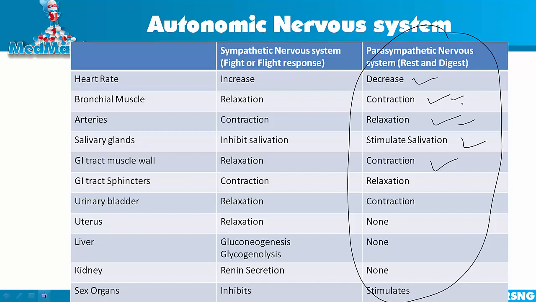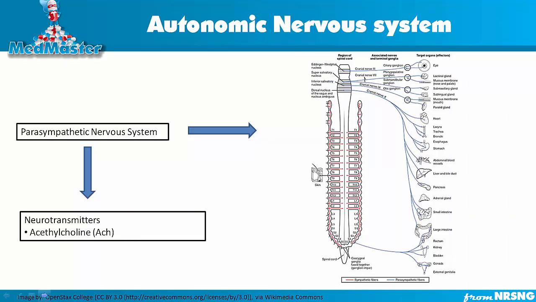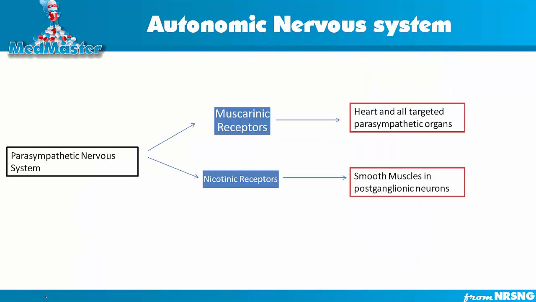Next slide is just showing the main neurotransmitter for the parasympathetic nervous system is acetylcholine. The parasympathetic nervous system has two receptors: muscarinic receptors and nicotinic receptors.